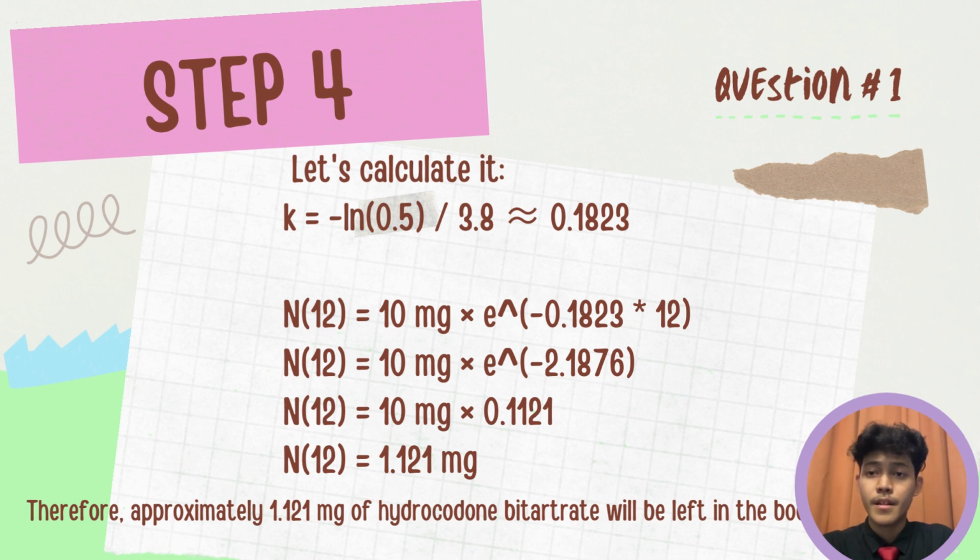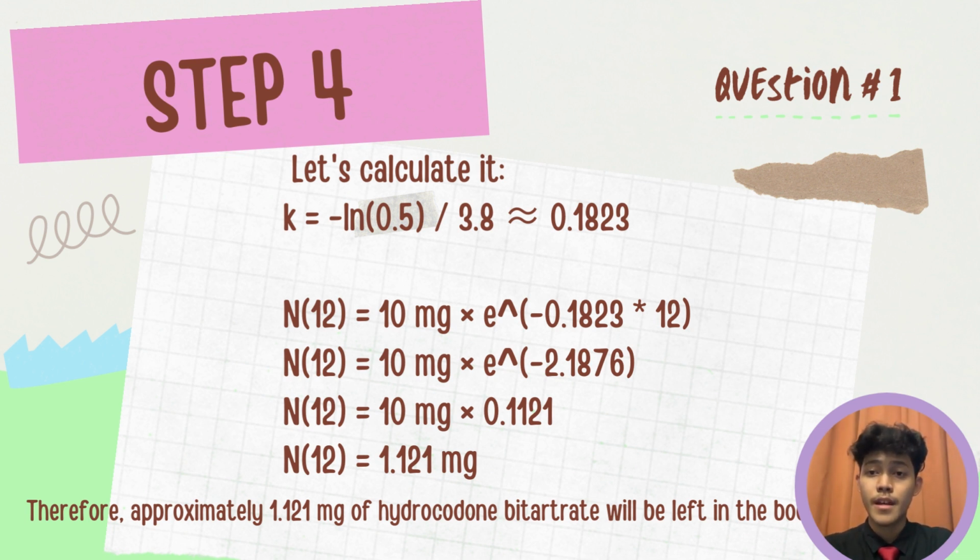Now N12 equals 10 mg times e to the power of negative 0.1823 times 12, and we get e to the power of negative 2.1806.